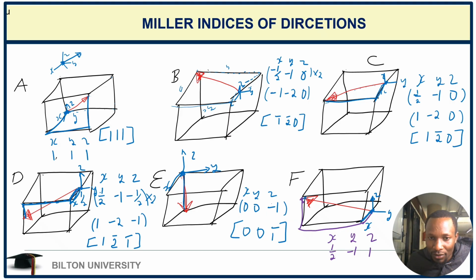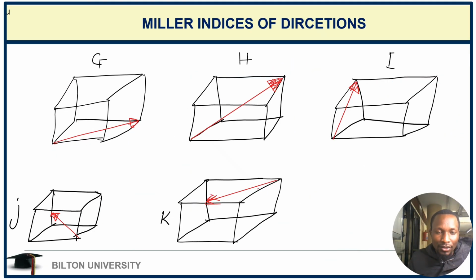So 2 is the common factor. We're going to multiply by 2, and that's going to give us 1, and minus 1 times 2 is going to give us minus 2, and 1 times 2 is going to give us 2. So this is the notation for this part. Let's continue and look at the next slide. You can pause the video and try G, H, I until K and C.